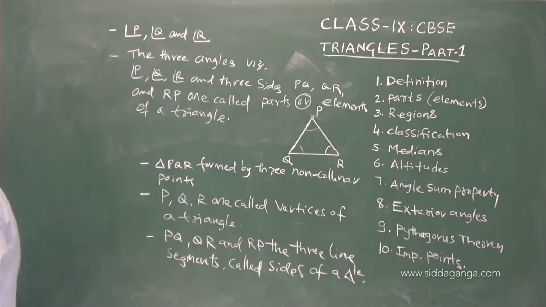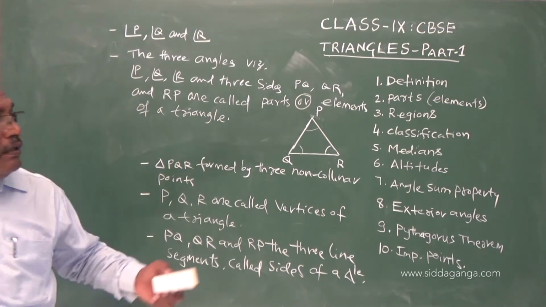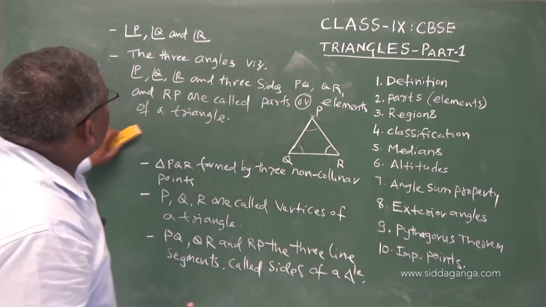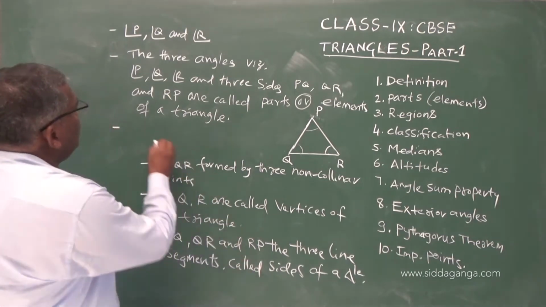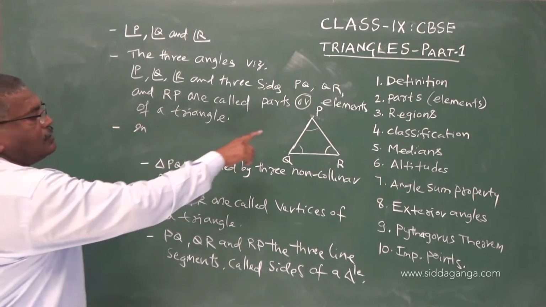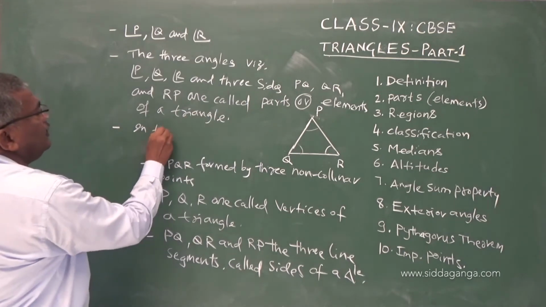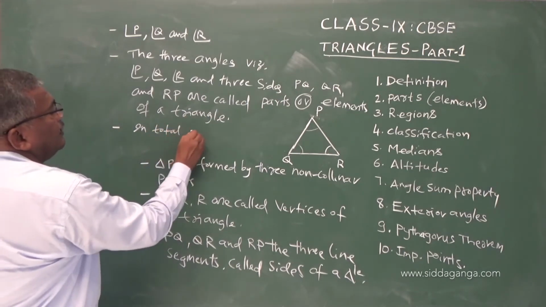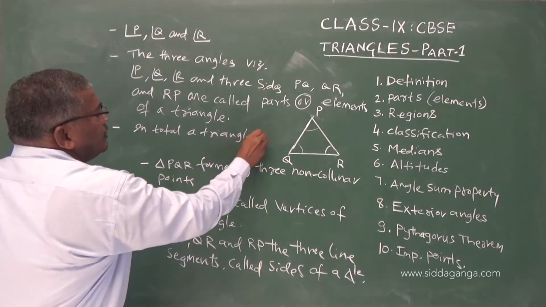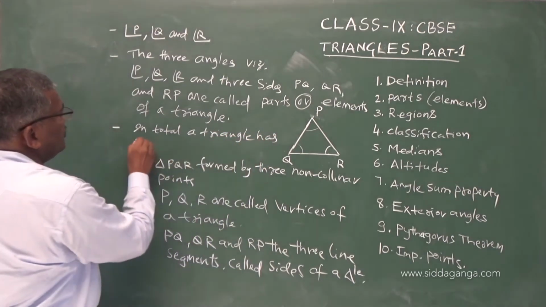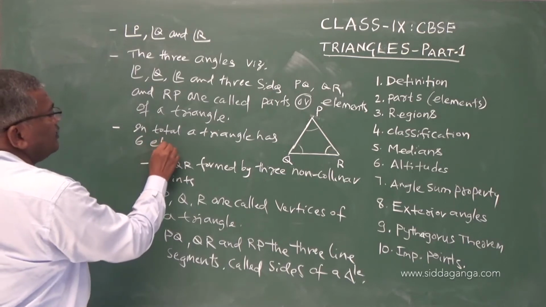So this is some basics about a triangle. In total, how many elements are there? 3 angles and 3 sides. In total, a triangle has 6 elements.